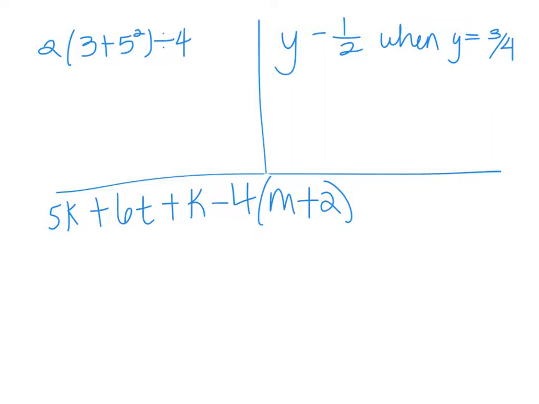Okay, moving on. These will be the last 3 problems we review. Up here in the top left, this is just another order of operations. So I need to start with the parentheses again. I've got 2 times 3 plus 5 squared, divided by 4.